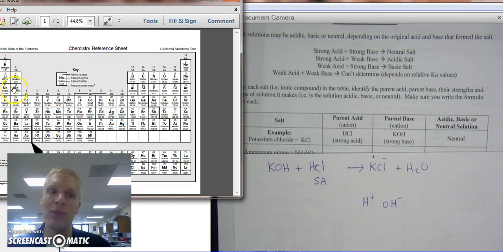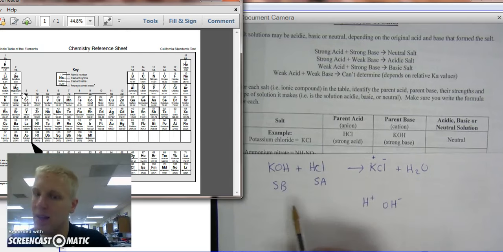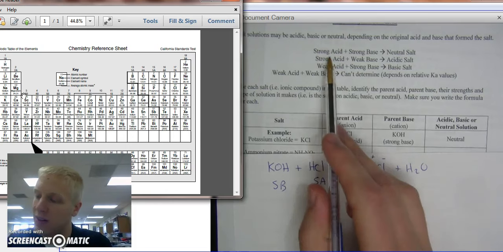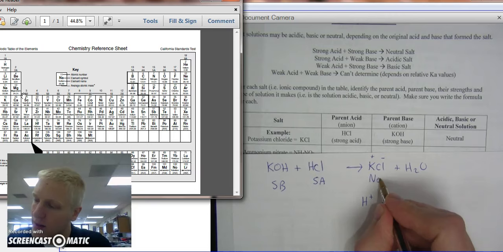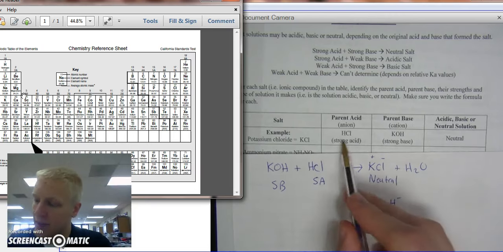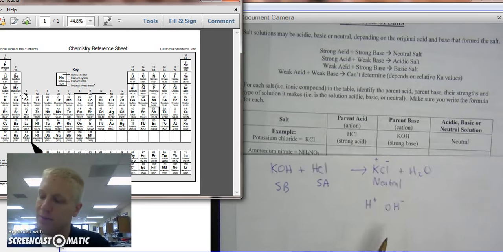If you're in column 1 or 2, with the exception of magnesium and beryllium, you are a strong base. So KOH is a strong base. Strong base plus strong acid is going to give you a neutral salt. Strong acid, strong base, neutral salt. So this guy is neutral. Parent acid, parent base, neutral.